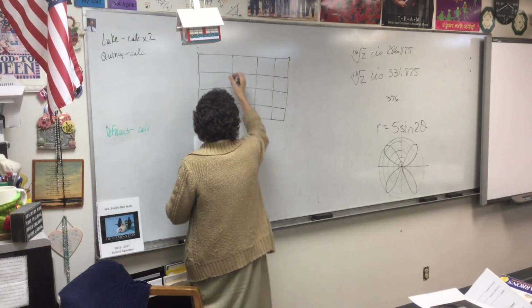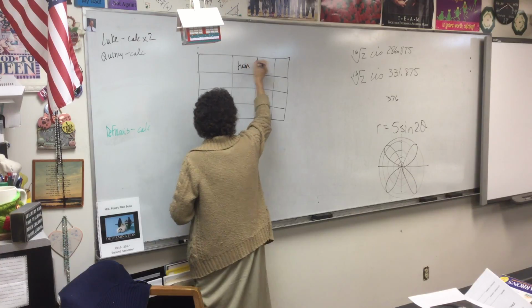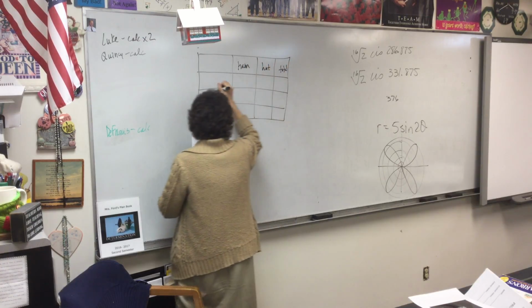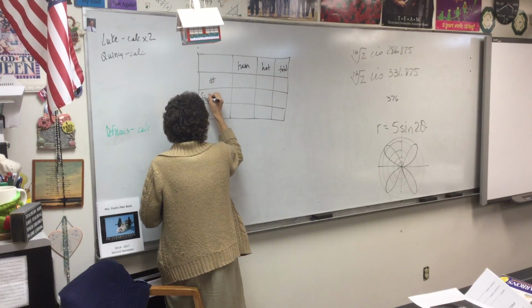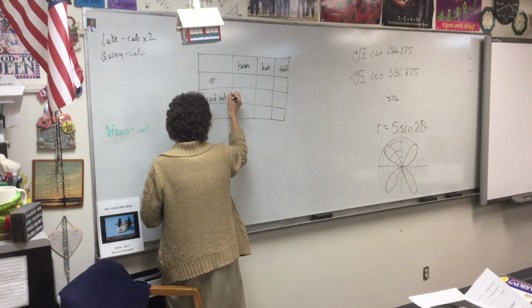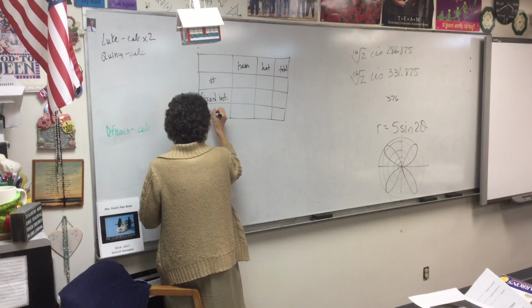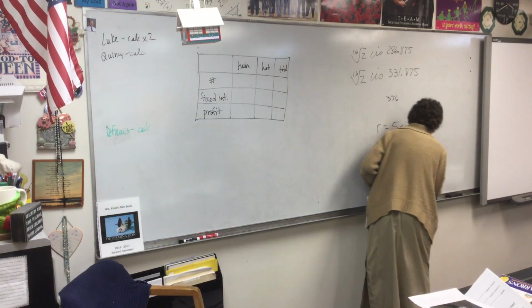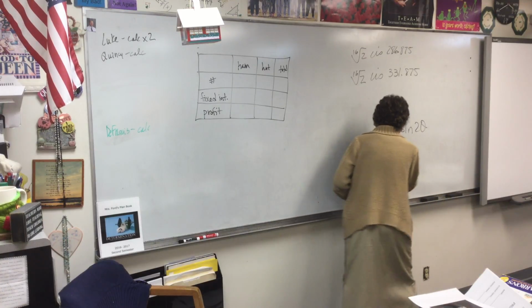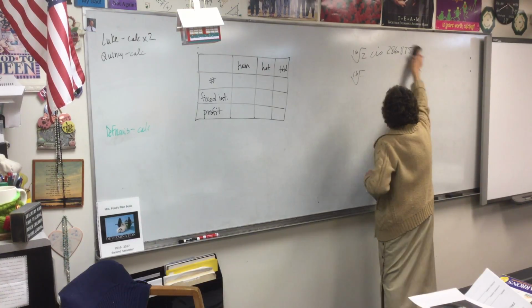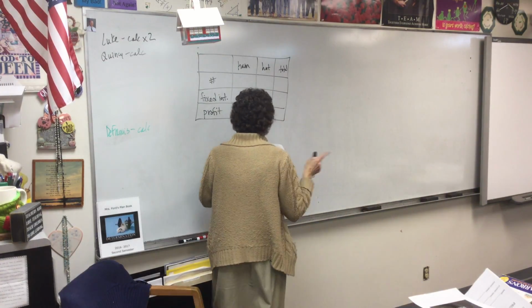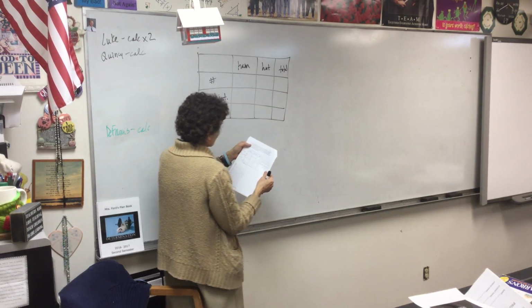Alright, so we have our hamburgers, we have our hot dogs, total number. Now, some of these problems have a fixed interval in them, and if there is a problem with a fixed interval on your test, I will fill it in for you in the chart.